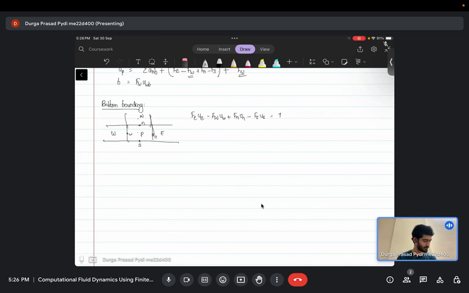So this is again the same, it will be u north minus up plus d south, u south minus up. Now in this particular case we have a no slip condition, so here we do not have a south cell centroid, so this term has to be changed essentially.